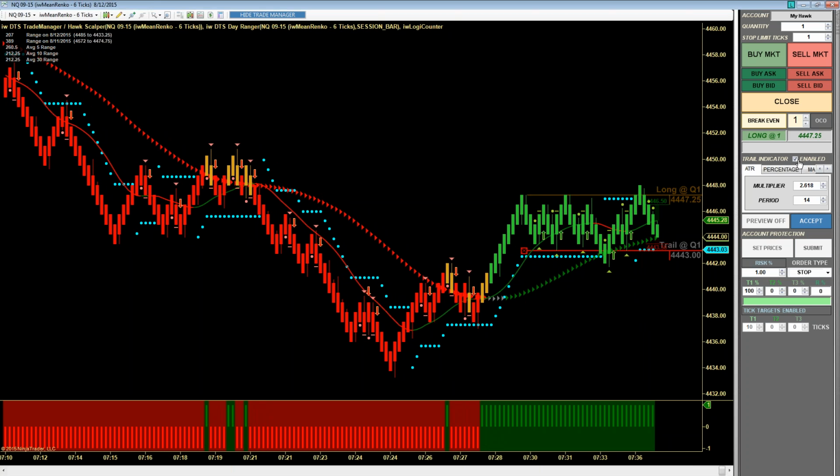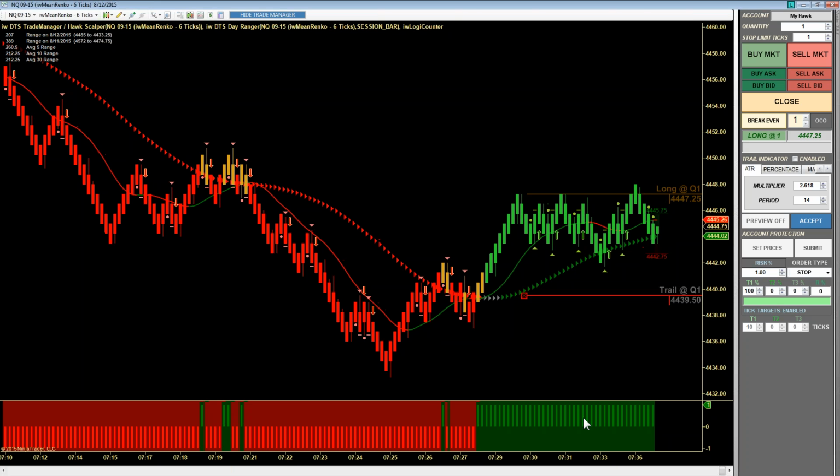If you want your strategy to hold, or if you want to move it manually, you can disable it and then you can drag it wherever you want. So that's probably what's going on. You have to have it enabled in order for it to become active.